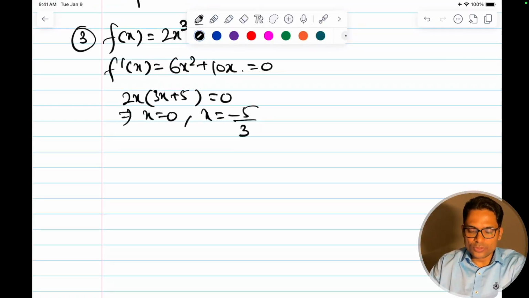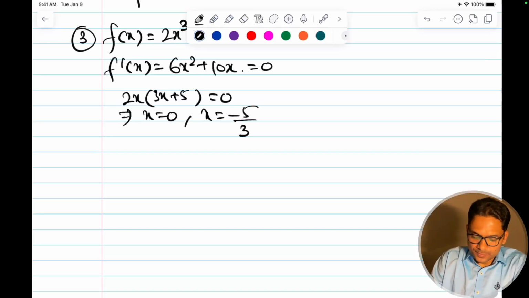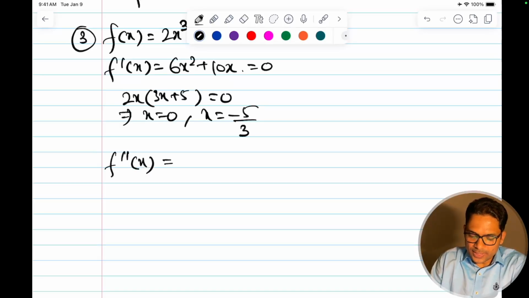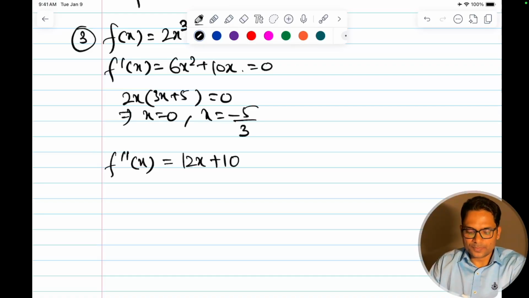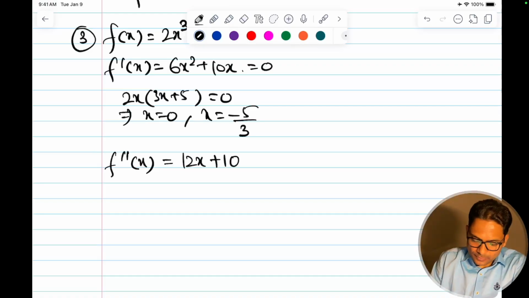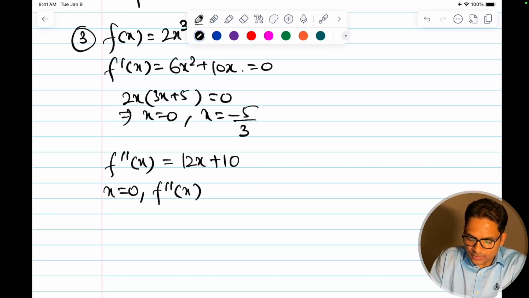Now let's check at both the points which is the point of maxima and minima. So let's check the derivative, f double dash x. So f double dash x will be, this was our derivative already, 6x square plus 10x, so this is your 12x plus 10, right? So at x equal to 0, my f double dash x is equal to 10, which is greater than 0. This implies this is a minima.